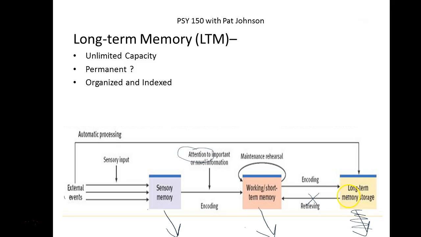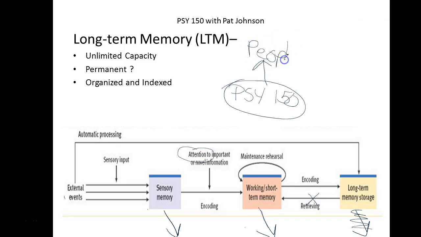There's still an argument about whether or not it's permanent, and long-term memory is organized and indexed, meaning we have somewhat of an organization to our long-term memory. Things are linked to other things. So let's suppose you're in a seated class and you remember that class that day. You're going to remember maybe people. You could also remember topics.